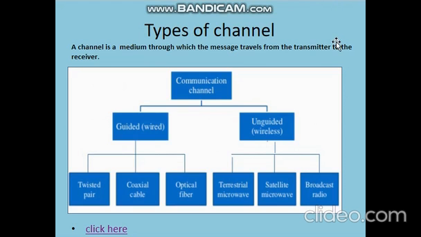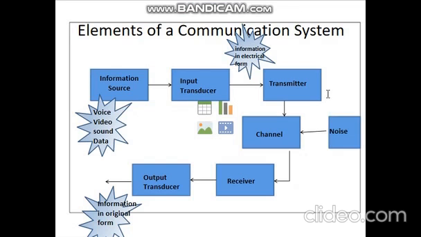The satellite communication frequency ranges are usually 11 gigahertz and 14 gigahertz, and it helps in worldwide communication. Now, going back to the block diagram of the communication system.